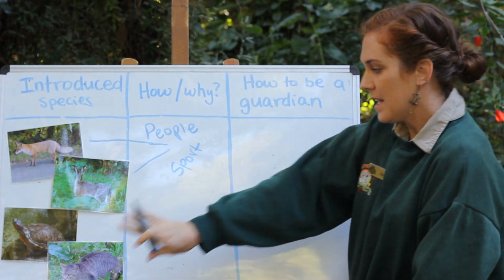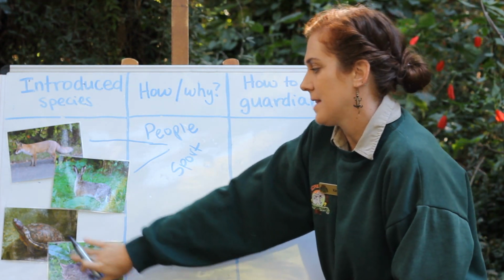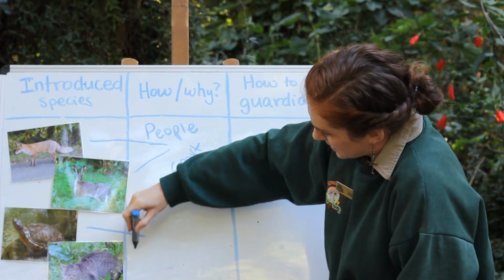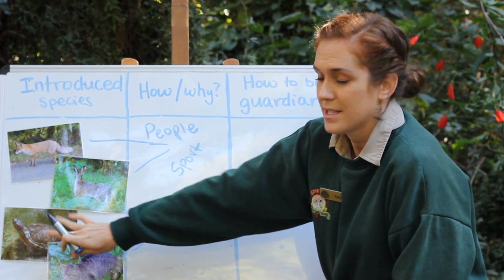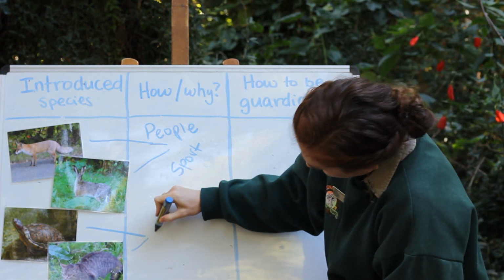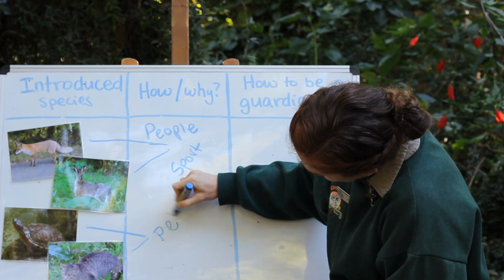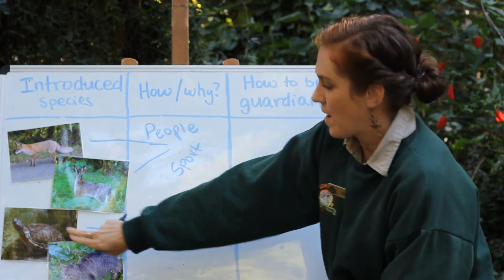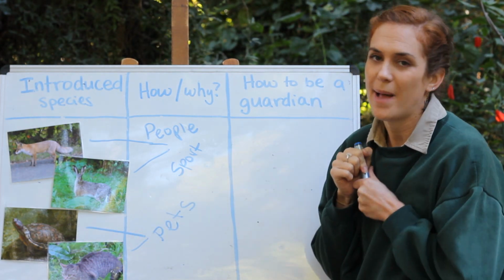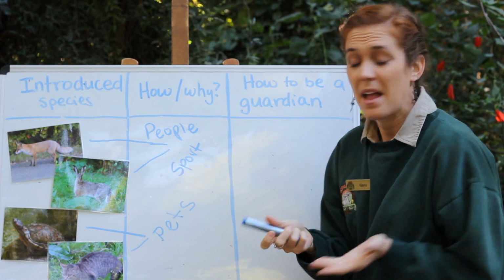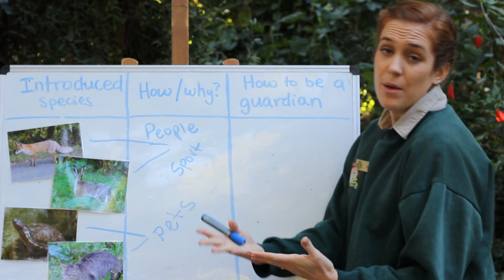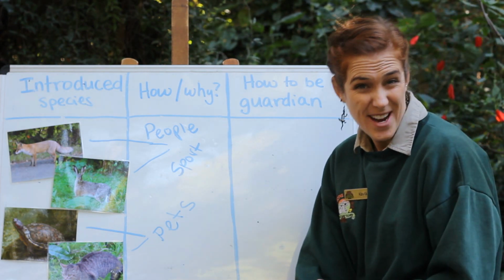Now, it's a little bit different with our cats and these red-eared sliders. These cats and turtles were originally brought over to Australia as pets. Red-eared sliders are a very common pet in North America, and people decided they wanted red-eared slider pets in Australia.